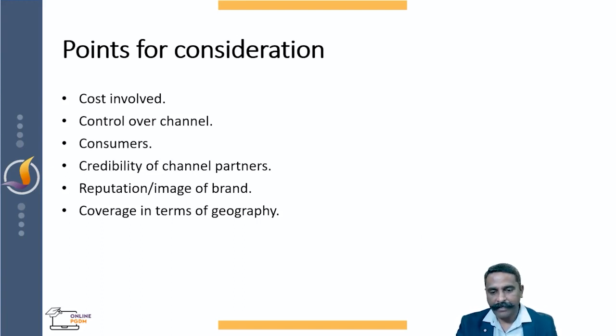If I am making it available through, say, DMart, then DMart currently is typically available only in the southern states. If I am making my products available to Smart Bazaar, then probably I would be able to cover a significant number of states. So you also have to look at the coverage, how many consumers and how much geography I would be able to reach if I come up with this kind of distribution channel.